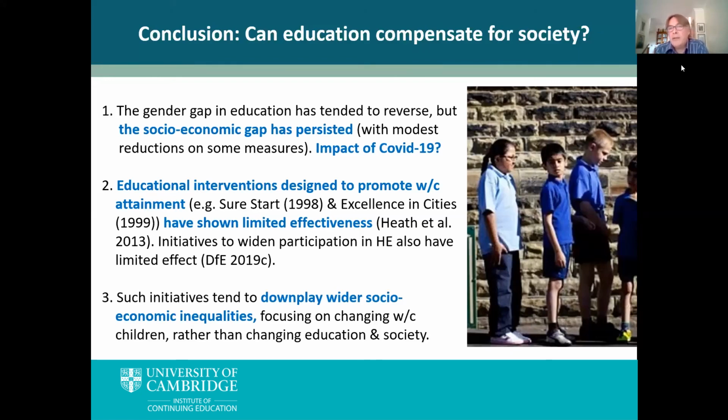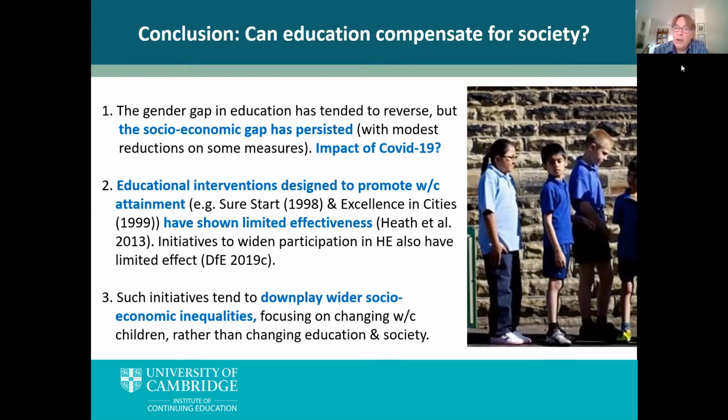The message of my research in the sociology of education and education studies more broadly, I think, is both optimistic and pessimistic. I think it's optimistic because if we look since the 1960s, we've seen quite a remarkable transformation in the educational opportunities and outcomes of women in society.